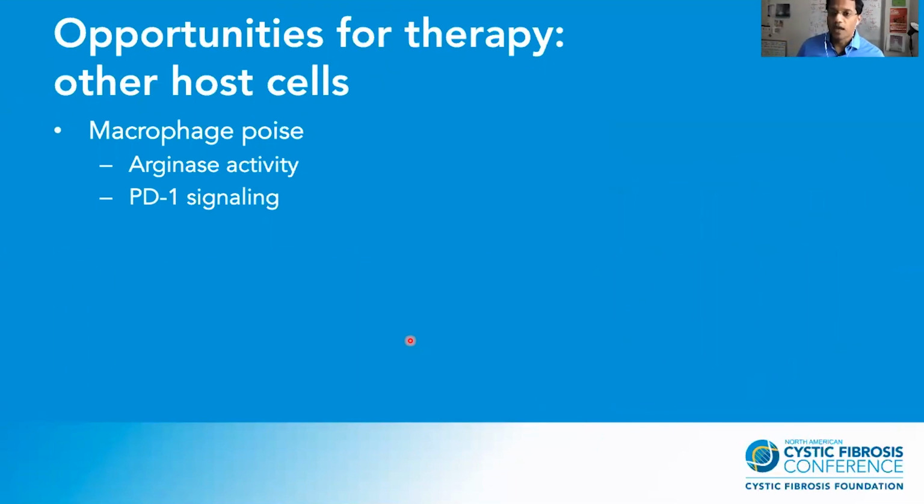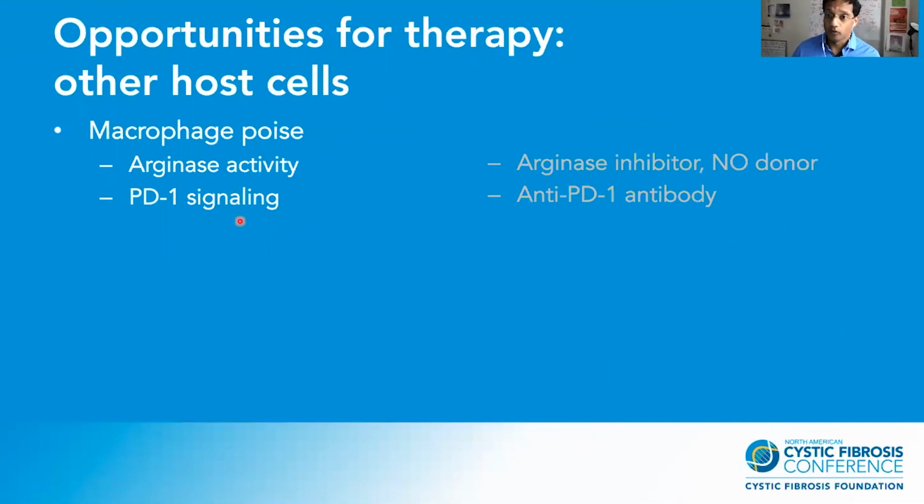One is, how can we allow the macrophages to take control back from the neutrophils? How can we increase their poise? The idea here is really to target two pathways that we found to be very active in CF that are decreasing the ability of macrophages to do their job. One is downstream of the release of arginase by neutrophils.